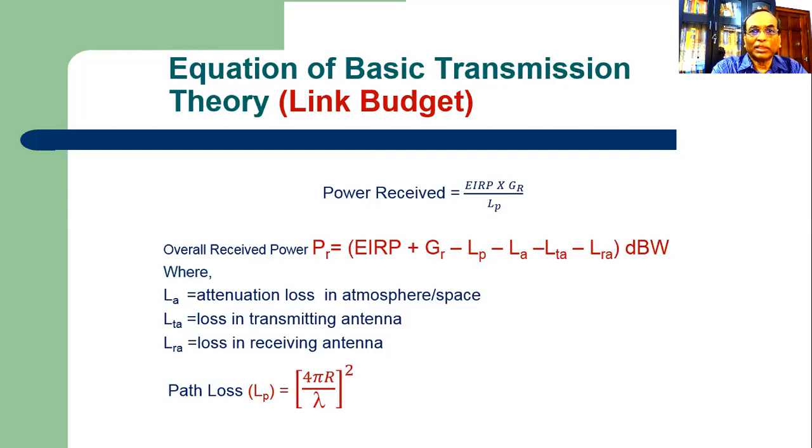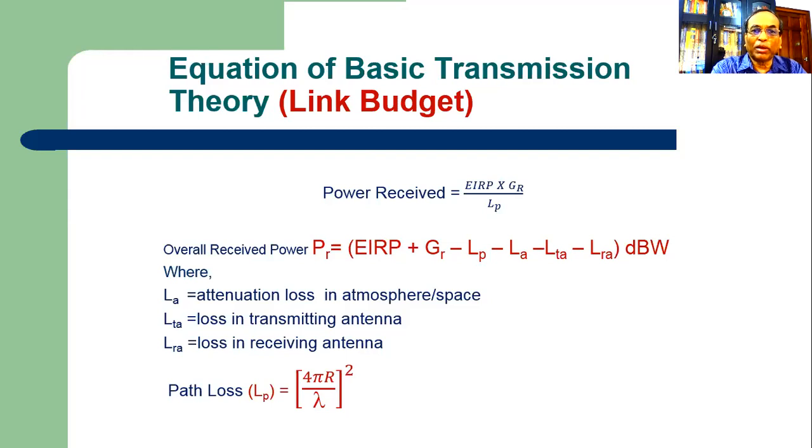Link budget, equation of basic transmission equation. This is the basic transmission equation from where we can have the link budget. What are the parameters that will come into the picture during the propagation of the wave?